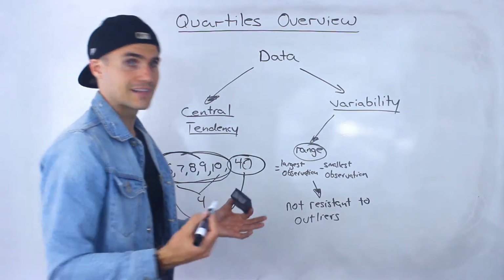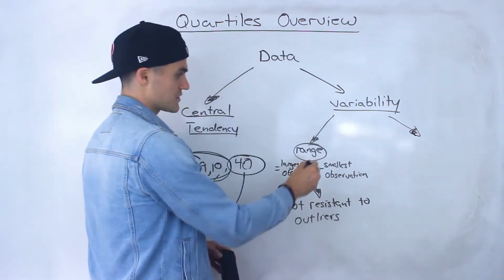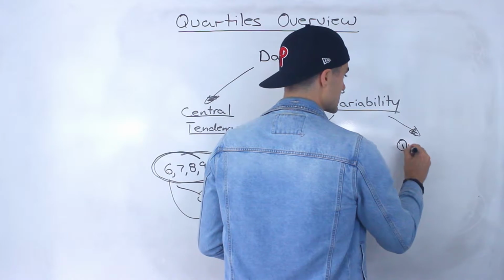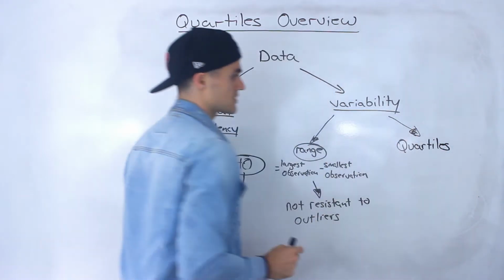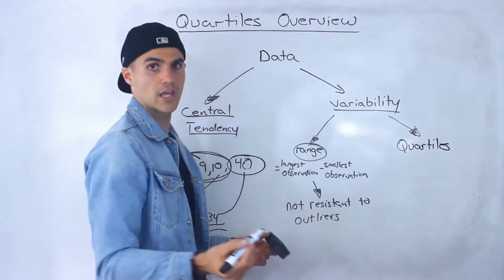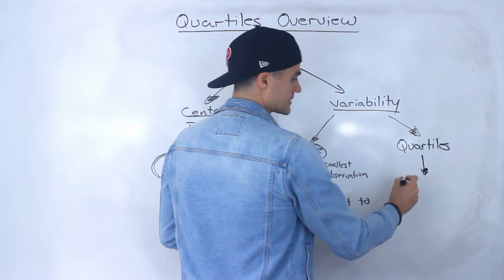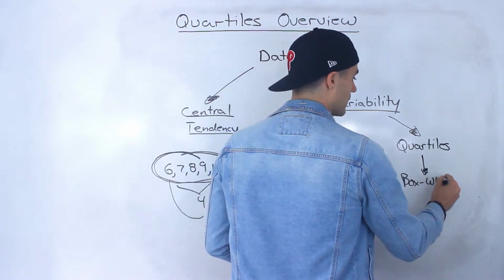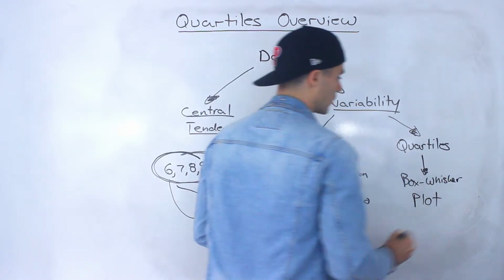And a measure that's more sophisticated than the range and more resistant to outliers is breaking up the data using something called quartiles, which again I'm going to introduce in this video. And related to quartiles is a visual way to display them called a box whisker plot.